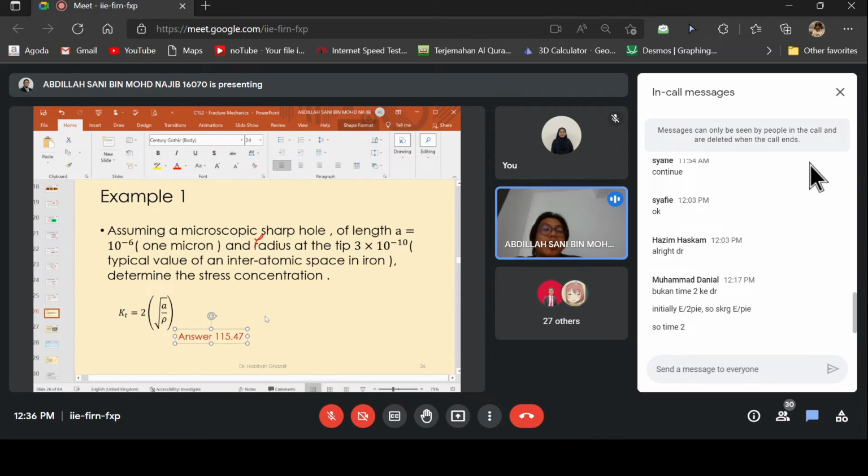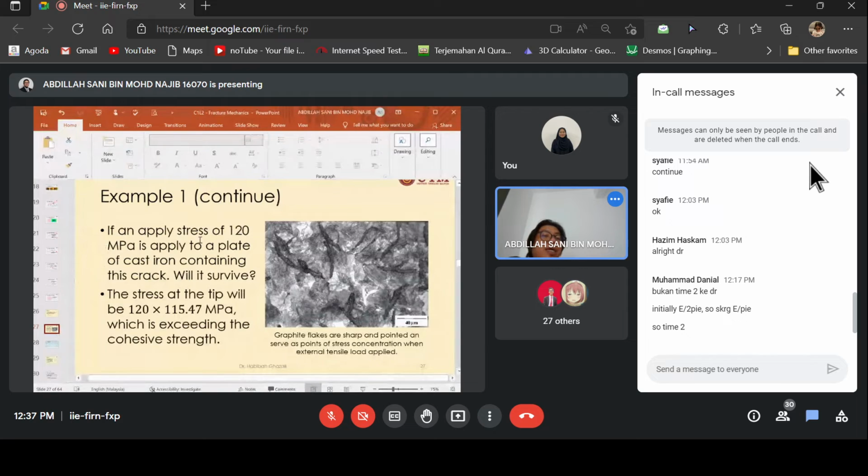So if an applied stress of 120 megapascal is applied to a plate of cast iron containing this crack, will it survive?